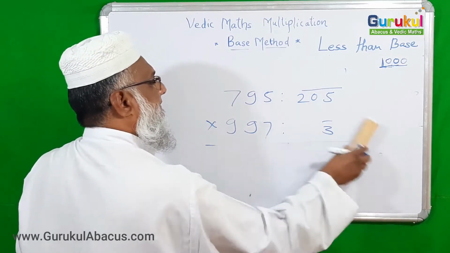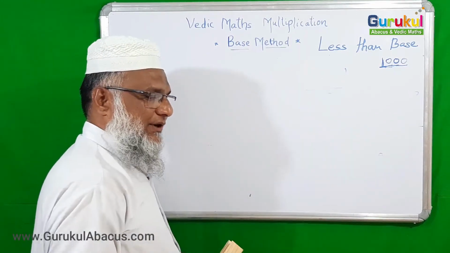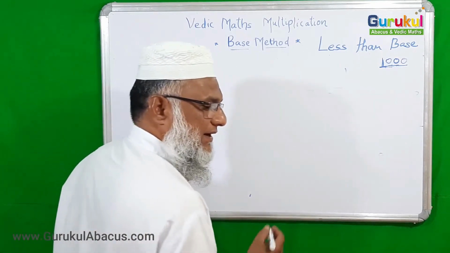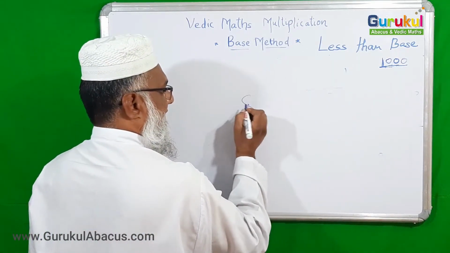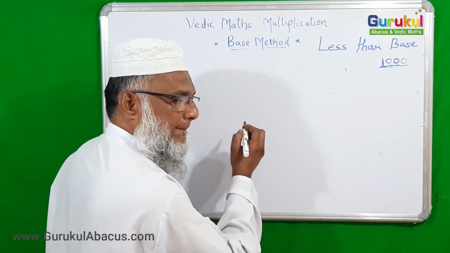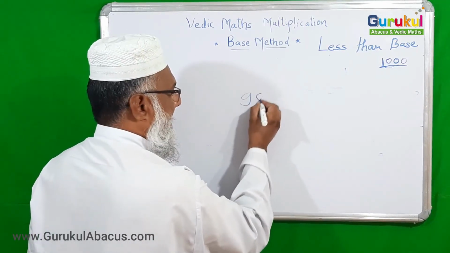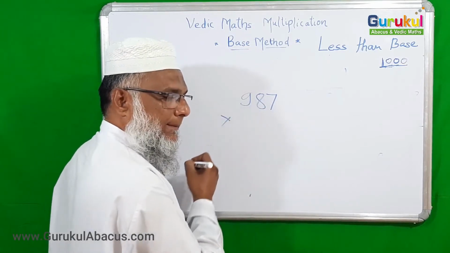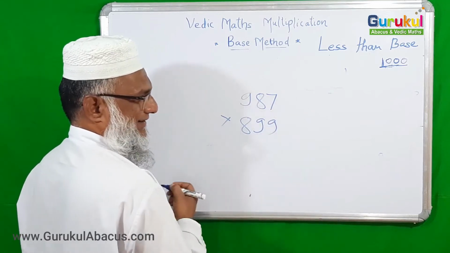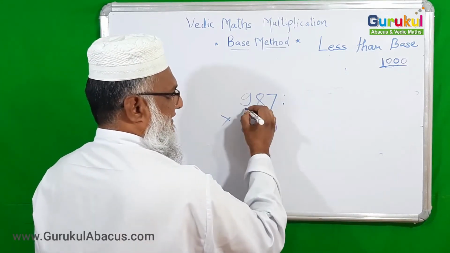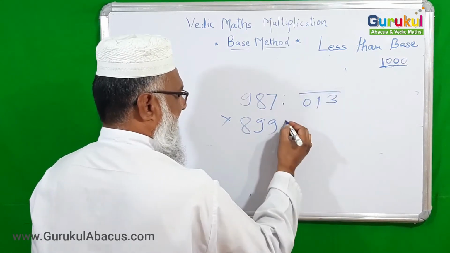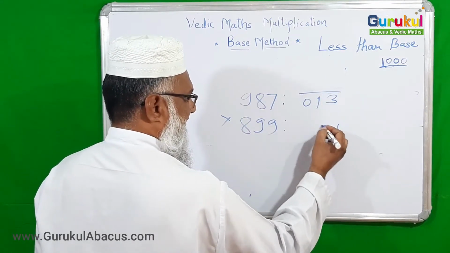Now one more example we are taking: 987 multiplied by 899. Okay, this number is less than 1000 by 13 and this number is less by 101.